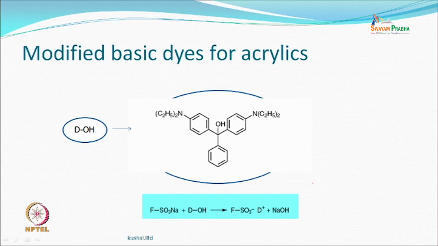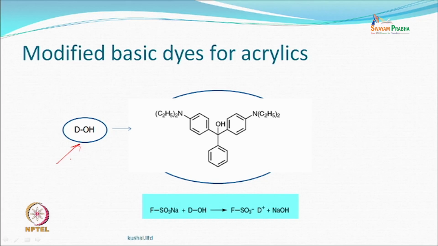But if you have a dye like this, which you represent as a dye which has a hydroxyl group, and all the rest is a triphenyl methane type of group, because of this OH being there, it is possible not to have any ion there.